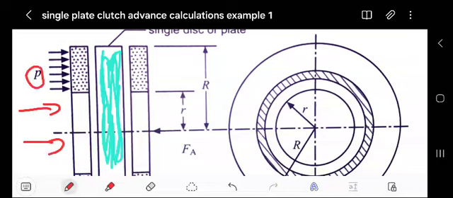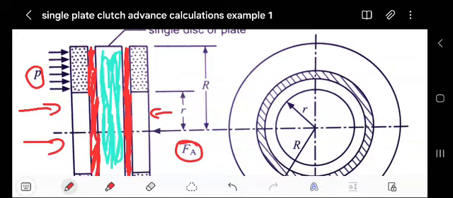If you apply pressure here and there's another area like this, obviously there will be a contact between these. There will be a squeezing. Remember, when we apply pressure, we're trying to squeeze this plate, so there will be a contact there.